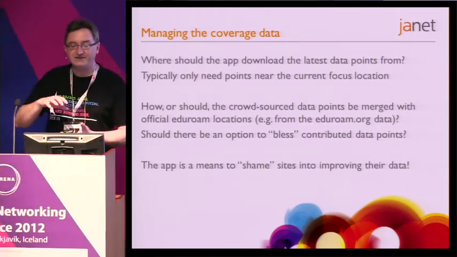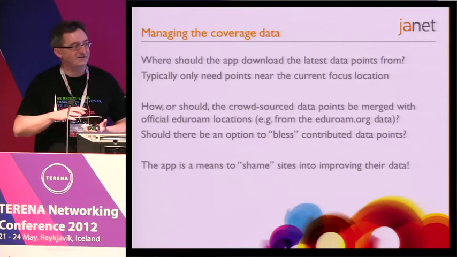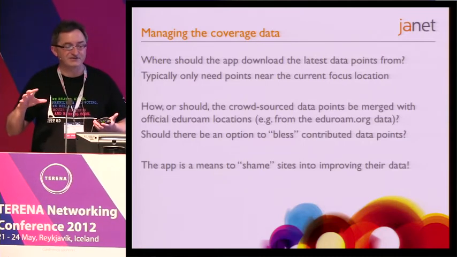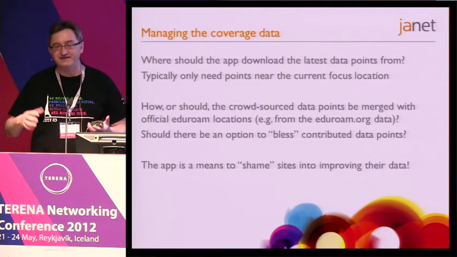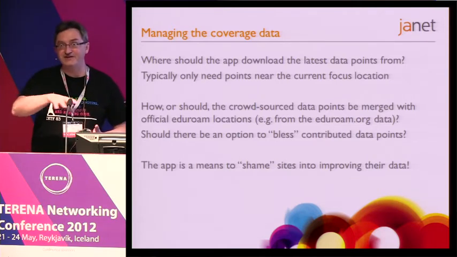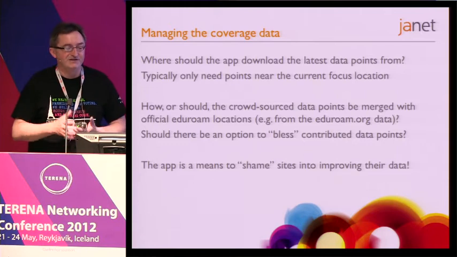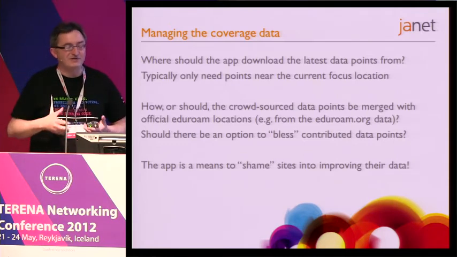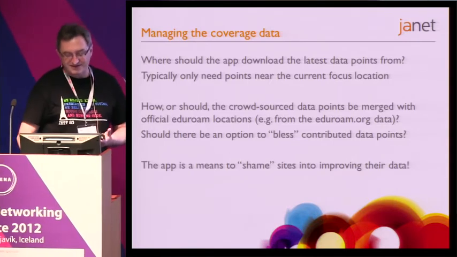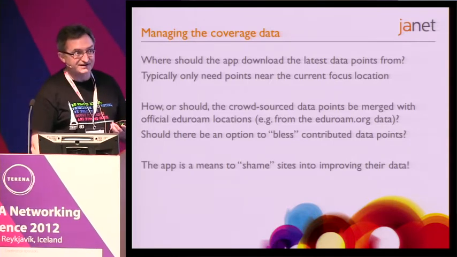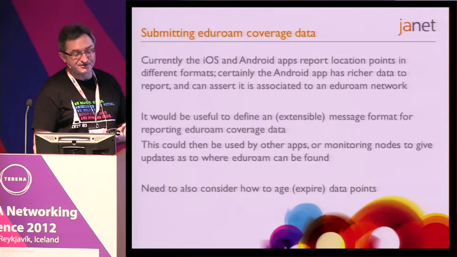So we might want to have a way of essentially allowing an administrator of a site to, if you like, bless the points that have been contributed for their site and just mark them all as officially approved. Or we might want to take some other approach. But we need some way of deciding how we're going to merge the user-contributed data with the official data points. So that's another thing we're going to have to do.